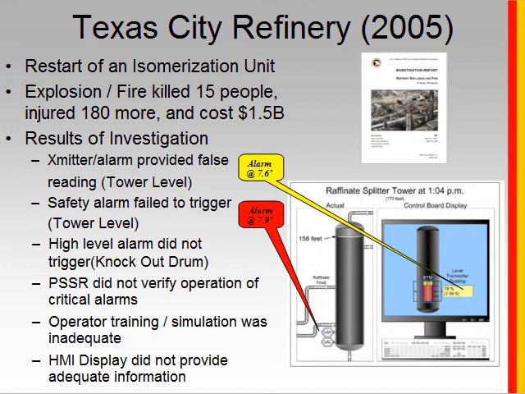One of the other things they cited was that the operators really weren't trained in how to respond to these situations, these upset situations. And another thing that they highlighted, and this is a common finding in these type of accidents, is that the HMI display really didn't provide the operator with the information he needed to understand what was going on, which we call situational awareness.